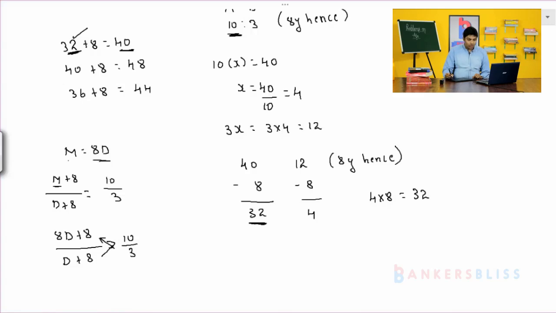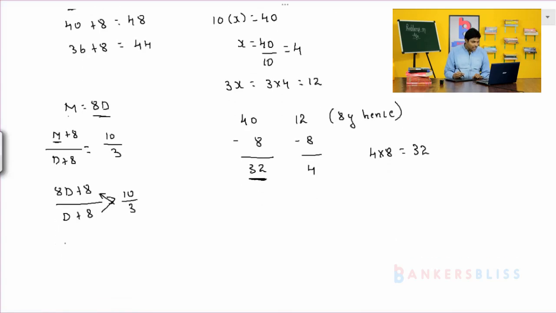So (8D plus 8) into 3 is equal to 10 into (D plus 8). So 8 3s are 24D plus 24 is equal to 10D plus 80.